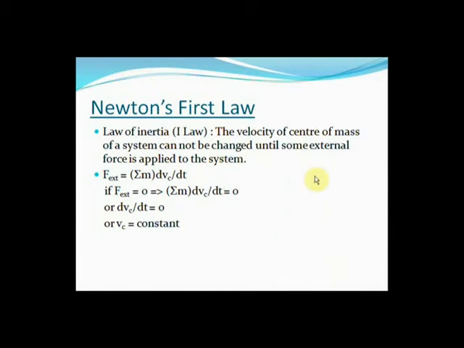To visualize Newton's first law mathematically, let's get back to the definition of F external. We have seen that F external is equal to sigma m into dVc by dt, where Vc is the velocity of center of mass.